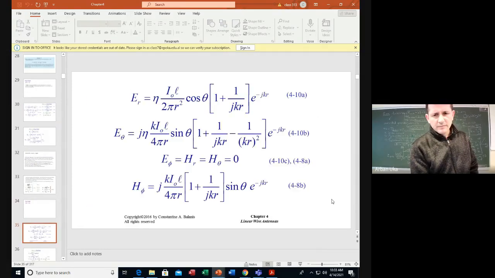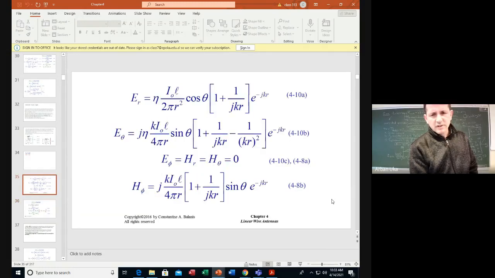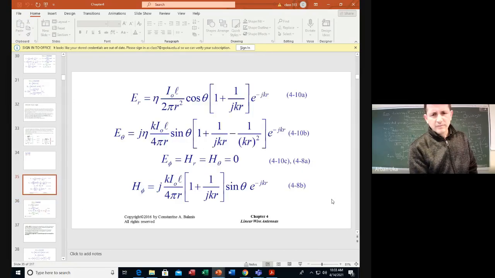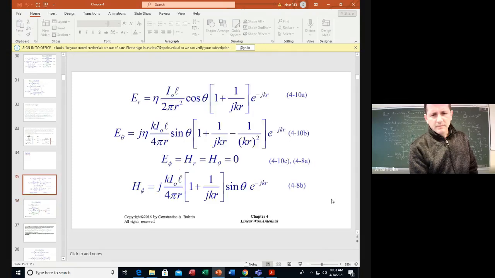So these were the non-approximated terms, but once we are in the far field, 1 over Kr squared will converge to 0 pretty soon. That means that E theta will be modified accordingly. This is E theta, and it also has a complex term.